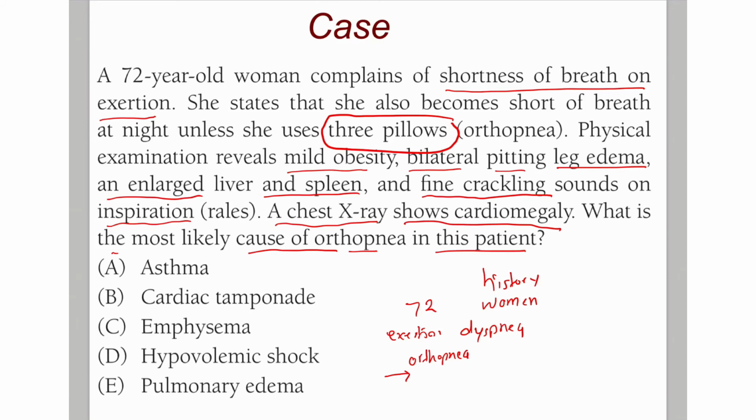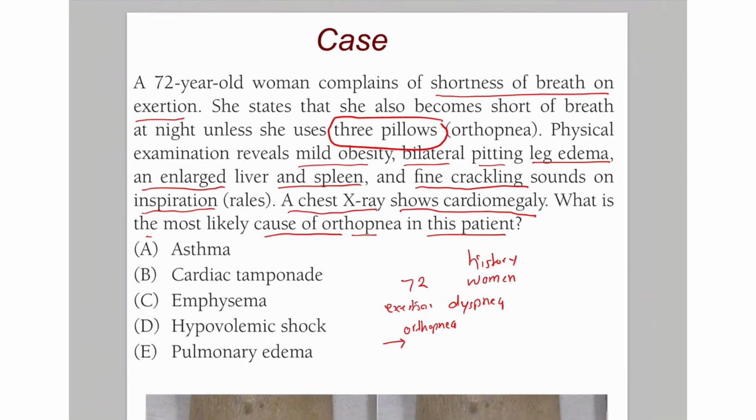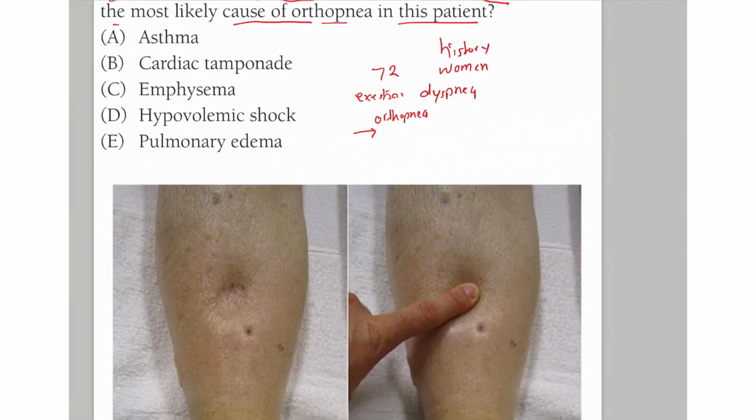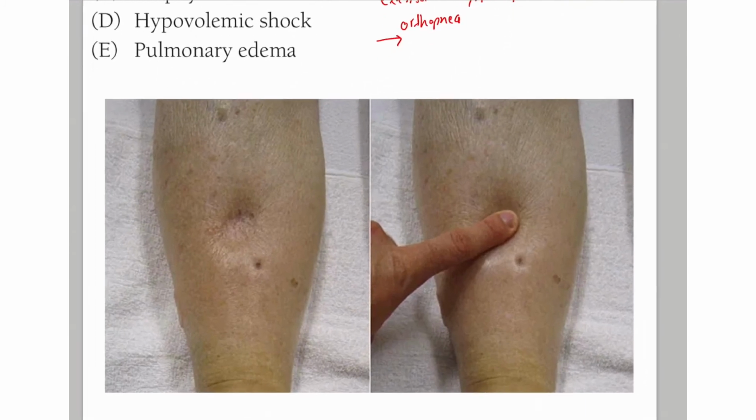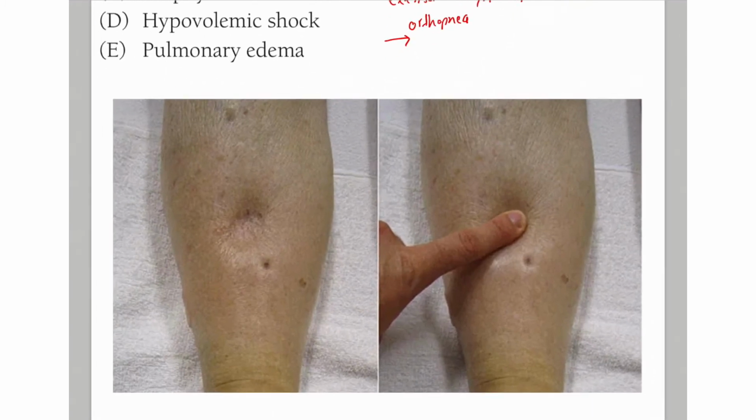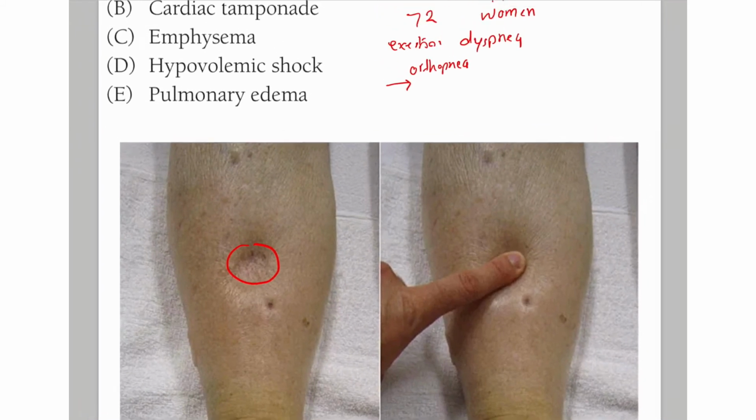On physical examination, the patient has bilateral pitting leg edema. يعني عندها edema bilaterally وتكون النوع مالتها pitting، يعني من تخلي thumb for 1 minute راح يصير pitting edema as demonstrated in this picture.